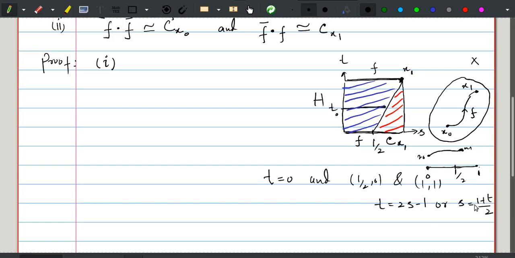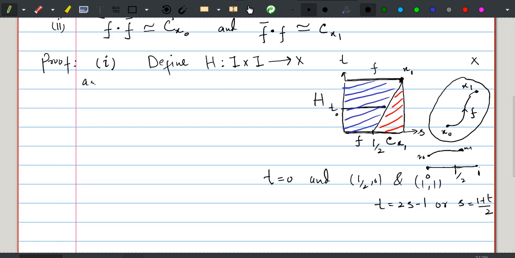In this region H travels this little f. So let us define this. Define H from I cross I to X as, H of s, t.